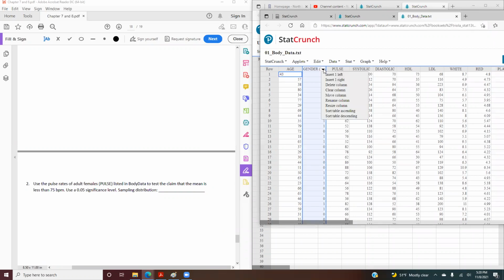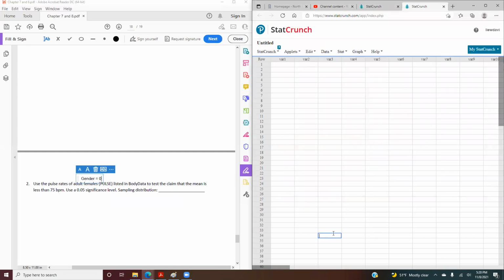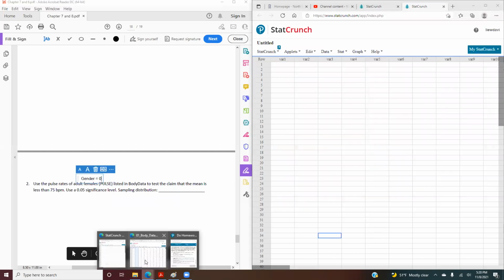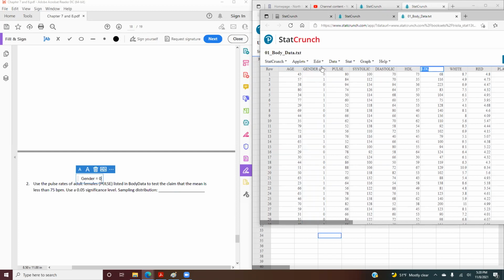Gender in this case, if you look carefully, says 1 is male, so for females you pick 0. It's written down here that M means male and 0 means female. So we are looking at the pulse rate for the females.